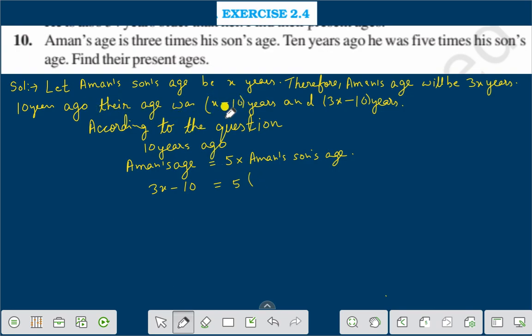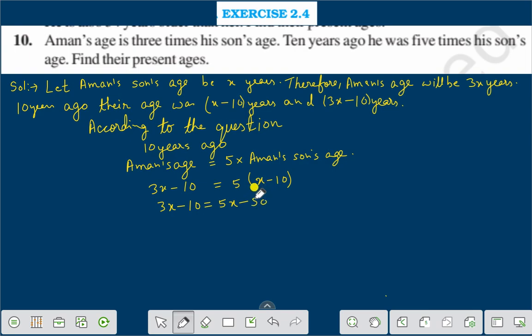As Aman's son's age was x minus 10, right? That we are getting 3x minus 10 is equal to 5x minus 5 times 10, that is 50.